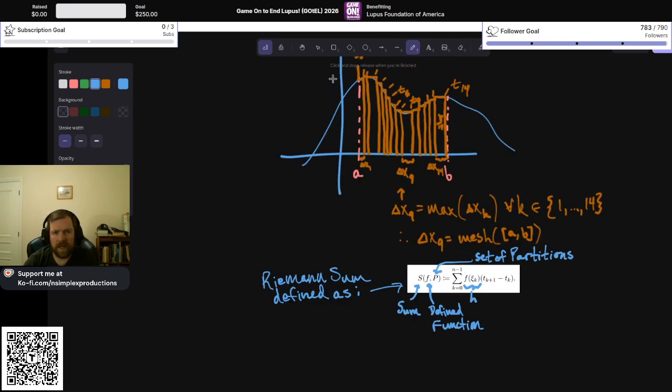All of our heights determined by the function values all determine the heights of these rectangles. And then here, t sub k minus 1 minus t sub k is going to be our base.